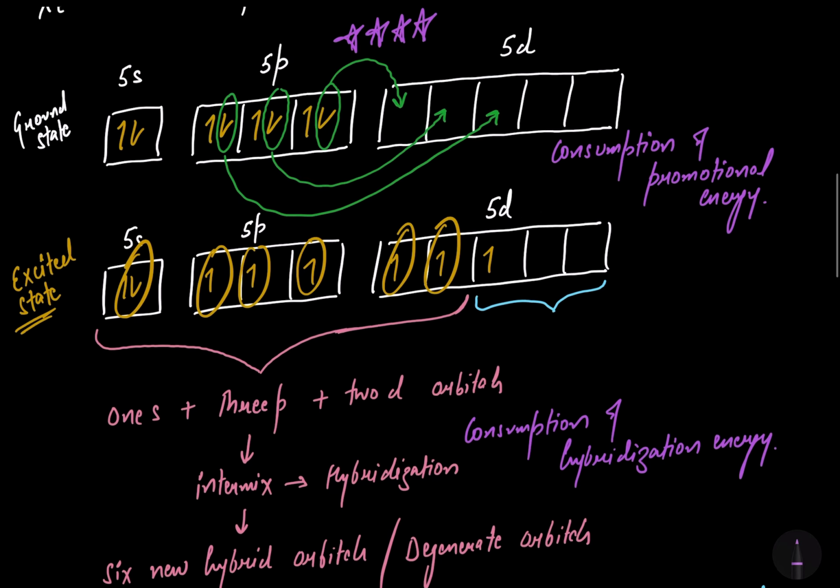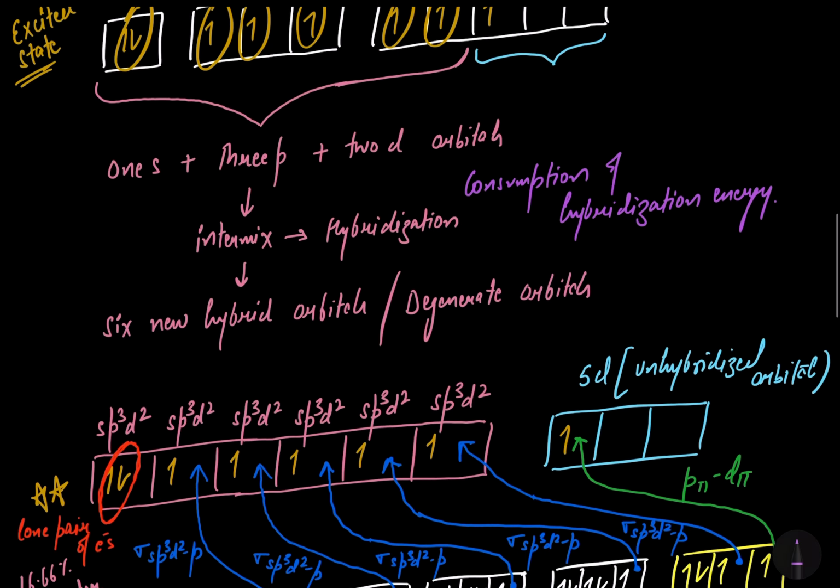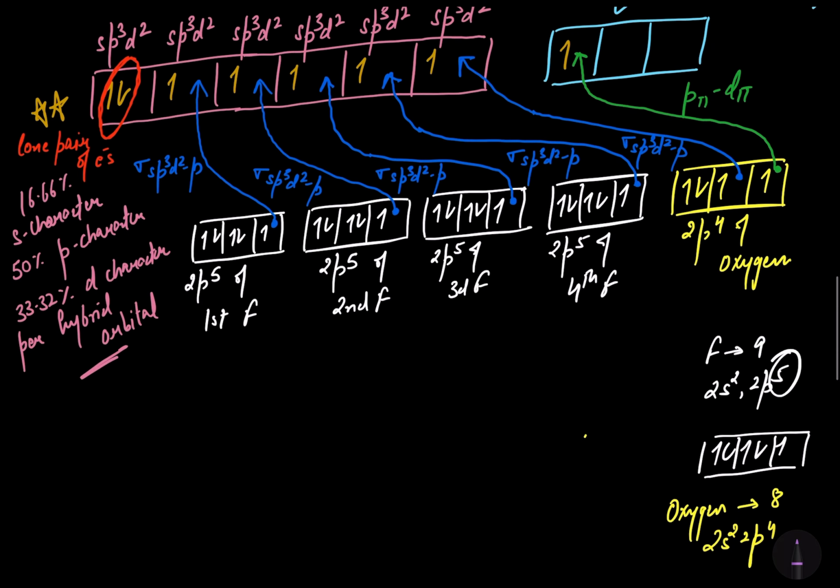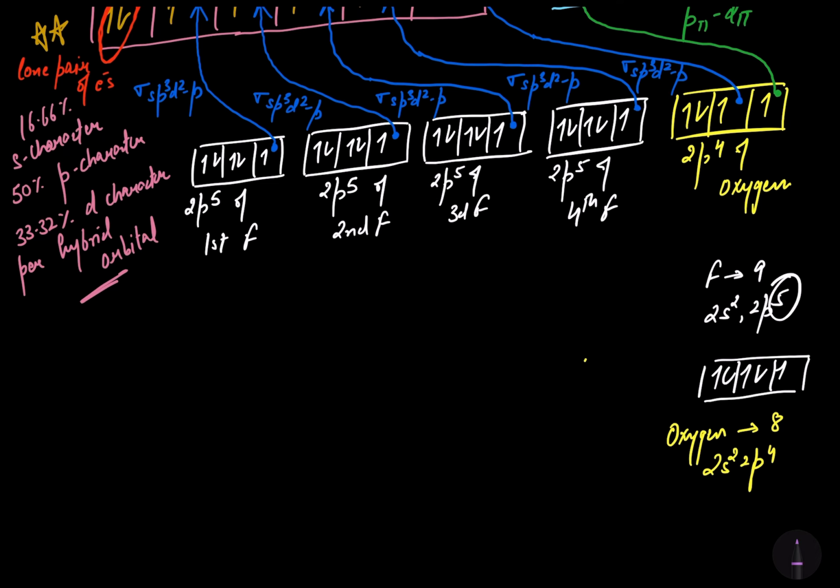Now, here we are having two endothermic processes, and at last we are having one exothermic process, that is energy is released during the formation of new sigma bonds and the pi bonds, which compensates the promotional energy and the hybridization energy.